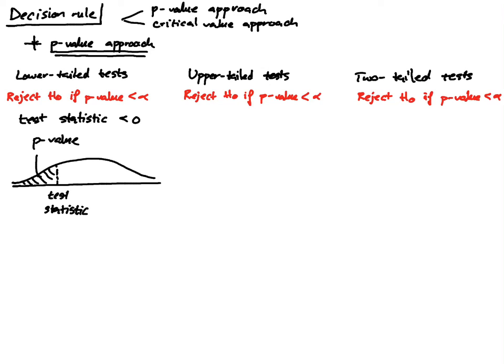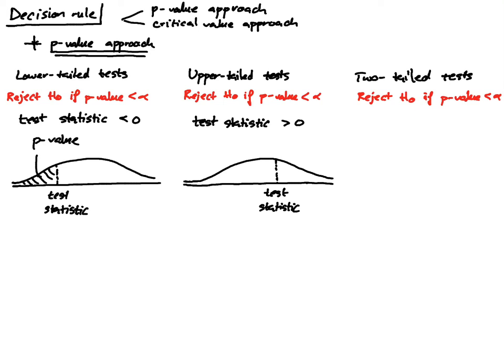For an upper tail test, typically you're gonna have your test statistic being a positive number. So you would then calculate the p-value by, suppose this is your test statistic.